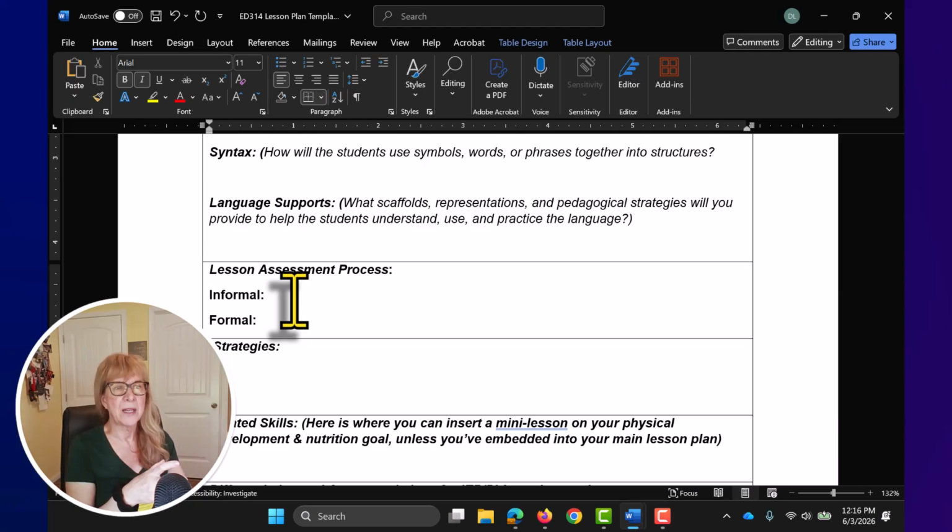So if the lesson objective, remember, was students will add and subtract two-digit numbers using the standard algorithm, for my formal evaluation, I would give an exit ticket where students did a couple of problems. Maybe they did 2 addition and 2 subtraction problems, and that would help me know where each one of my students was. A formal evaluation could also be if you're working in small groups and you've got stations.